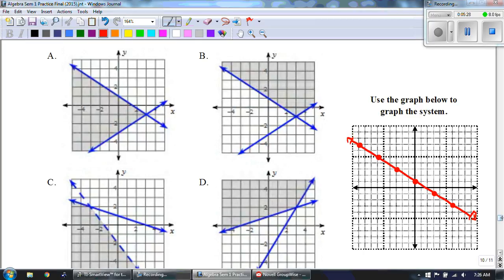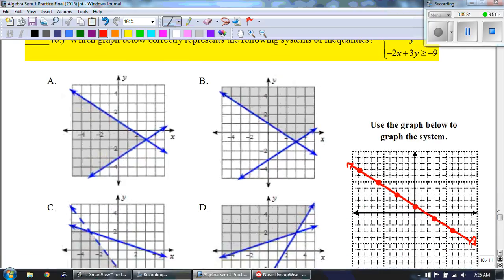Okay, now our next one, the y is not by itself. So yeah, we kind of have to solve. I'm going to add 2x to both sides. So we get 3y is greater than or equal to 2x minus 9. And then I need to divide by 3. So we get y is greater than or equal to 2/3 x minus 3.